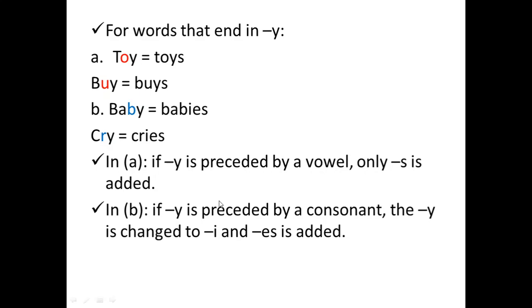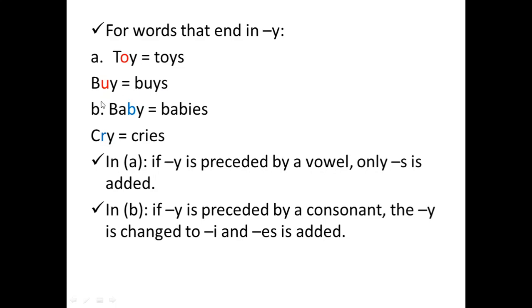Why? Because Y is preceded by a vowel. So toy becomes toys. Again, for this, U is a vowel, right? So we only use S, not ES.